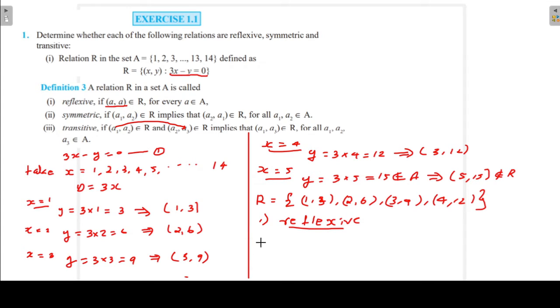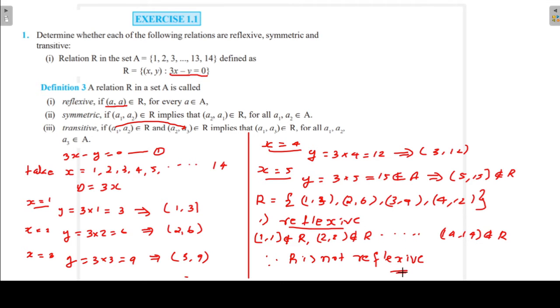But here (1, 1) does not belong to our relation R, only (1, 3), (2, 6). Also (2, 2) does not belong to R, and so on. Lastly, (14, 14) does not belong to our relation R. Therefore R is not reflexive.